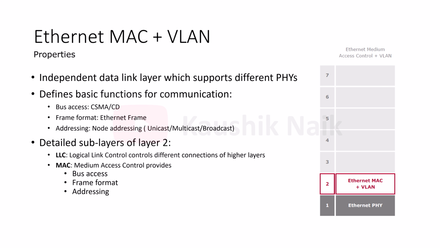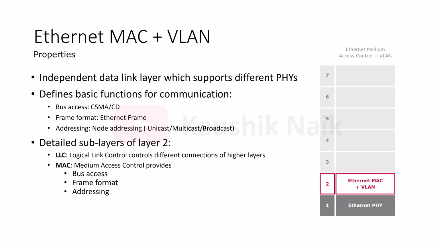Next let's see layer 2, that is the data link layer. In this layer we configure MAC and VLAN. This layer defines basic functions of communication. First is the bus access. As I stated before, access control and collision detection are functionalities provided by this layer.